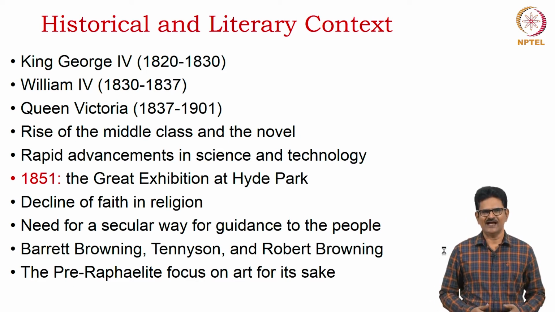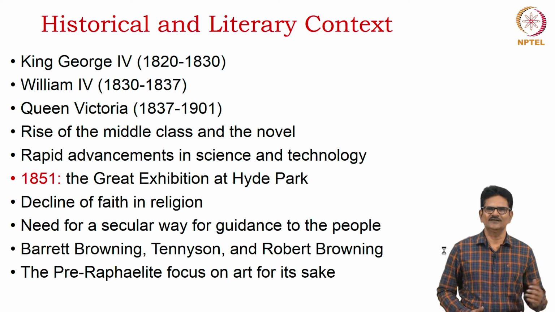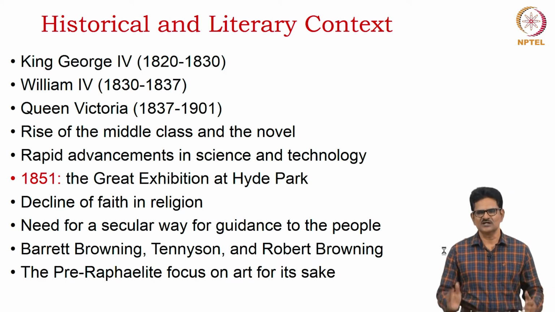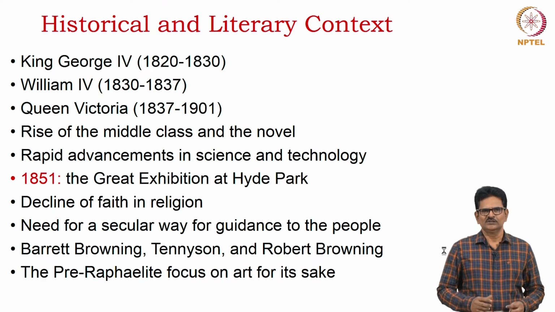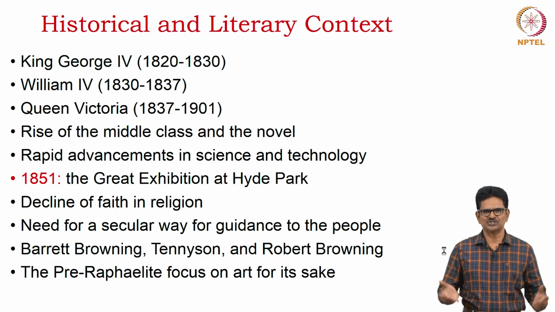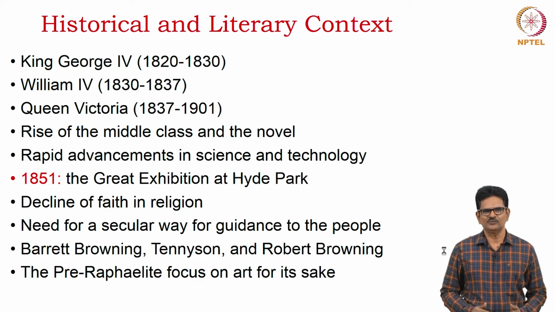We also have rapid advancements in science and technology in terms of transport, communication, medicine and so many other fields. The technological developments were showcased in 1851 through this great exhibition at Hyde Park. It was an engineering marvel for the whole world.